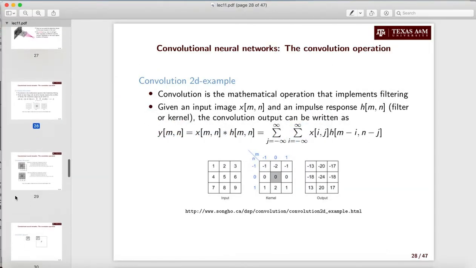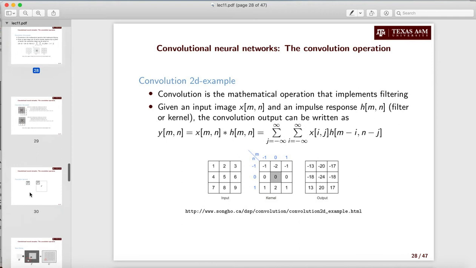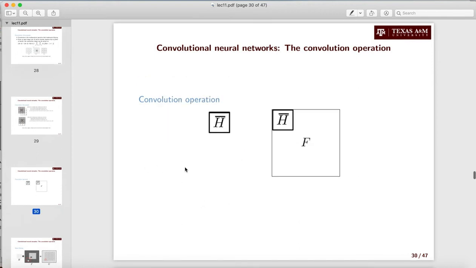Let me try to explain by starting with how this very simple convolution that we saw, with images and kernels of size 3 times 3, can be expanded to real images. In the case of a real image, what we most probably have is a kernel of size 3 times 3 or 5 times 5, and then an input image of size 512 by 512, or so, and so forth.